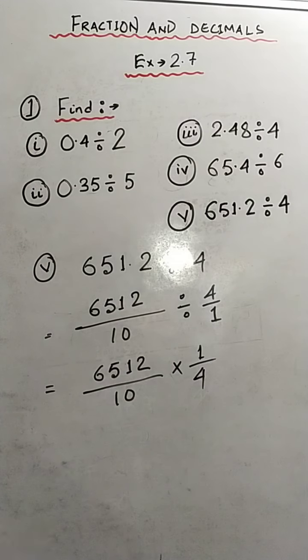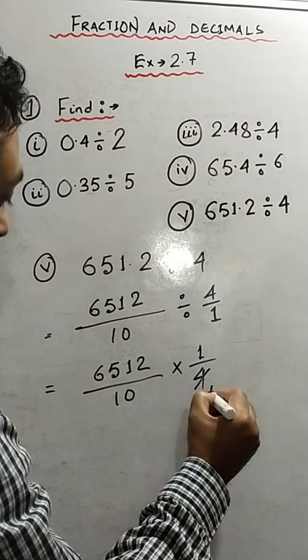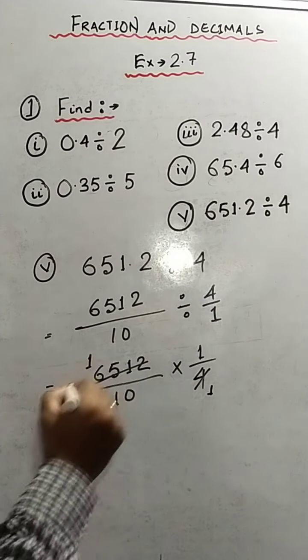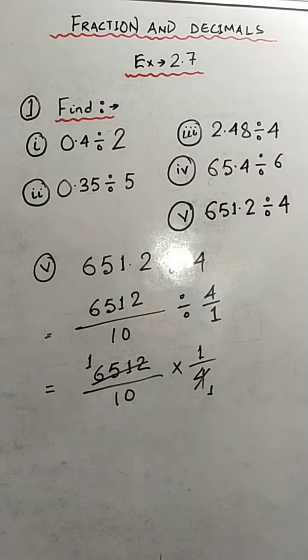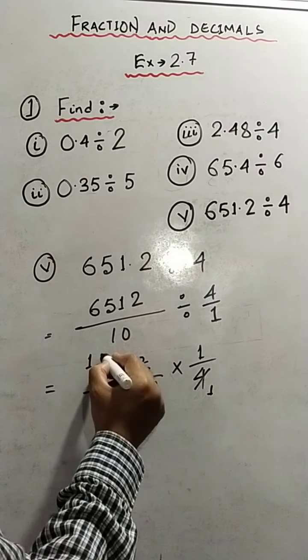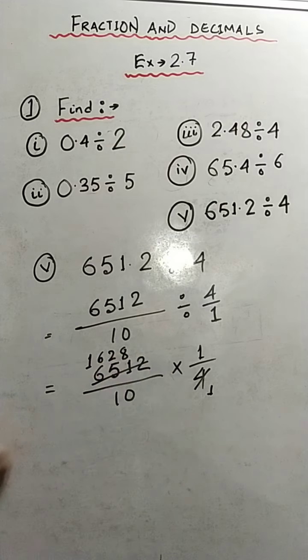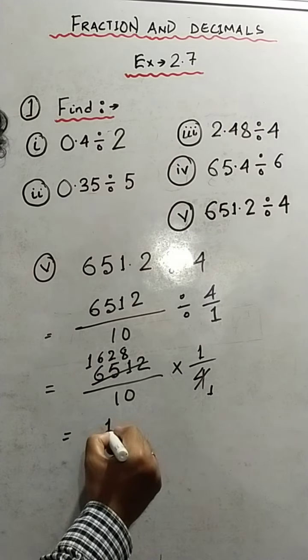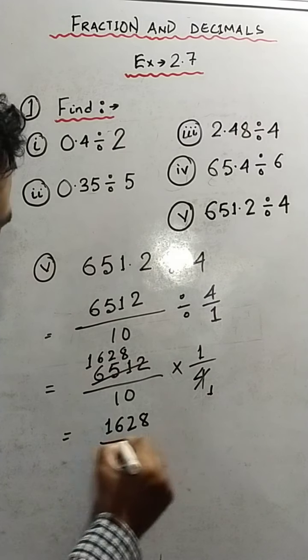Now let's reduce this 6512 by 4. So we'll get what? 4 ones are 4. It will be 1, and 4 1 6 2 8. 1 6 2 8. Okay. So what do we have to do now? 1 6 2 8 upon 10.